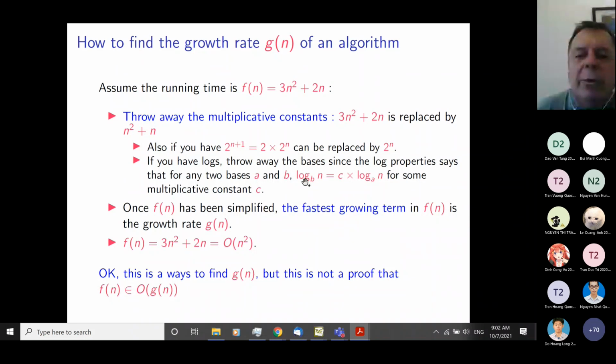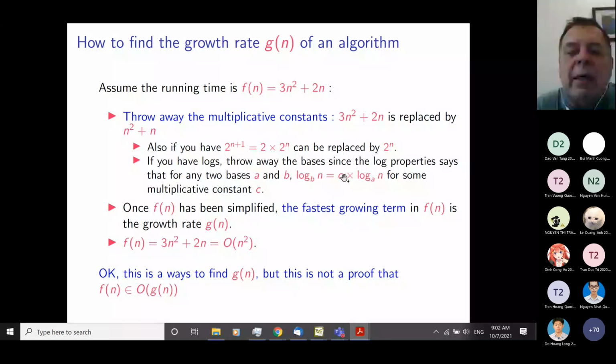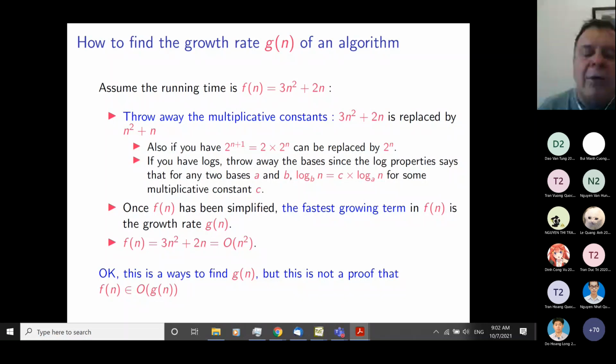So the difference between two logs that have two different bases is just a multiplicative constant. Thus, we don't care about this kind of difference. It's the same reason as we don't care about the fact that 2n plus 1 is equal to 2 times 2n. The difference between these two terms is just a multiplicative constant. So we don't care about these differences.